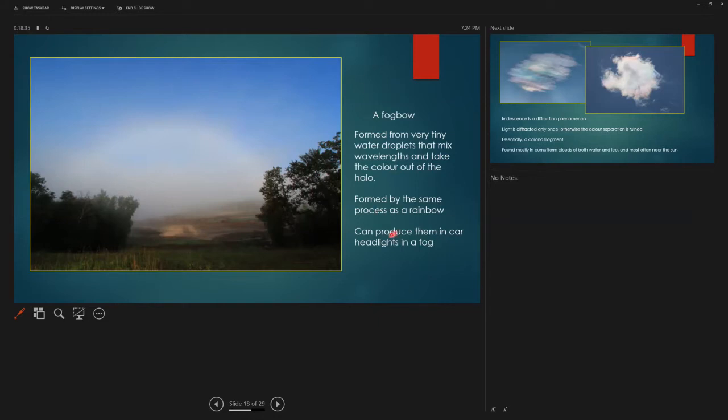You can often produce them in a car's headlights if you're driving through fog. And there are other phenomena that are sometimes worth stopping and just admiring, like the play of light in the headlights of a car if you stop in a fog, not on a main highway.